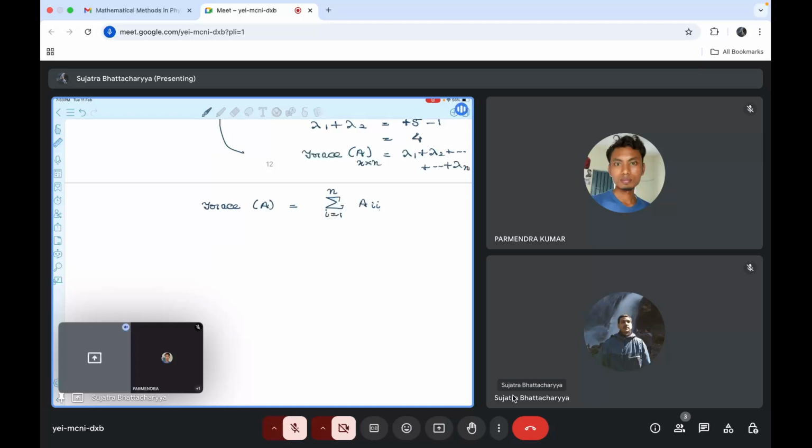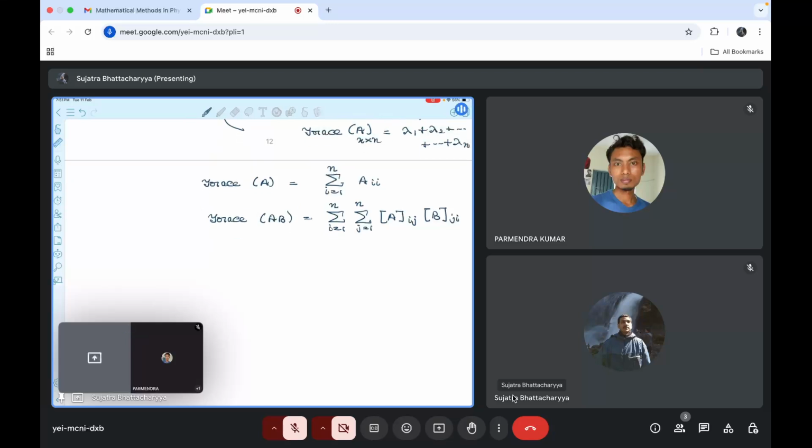Diagonal elements a11, a22, a33, and you add them. What happens when you do the trace of AB? It is i equal to 1 to n, j equal to 1 to n, a_ij b_ji. This is how it is defined. I'll show you how it is done.